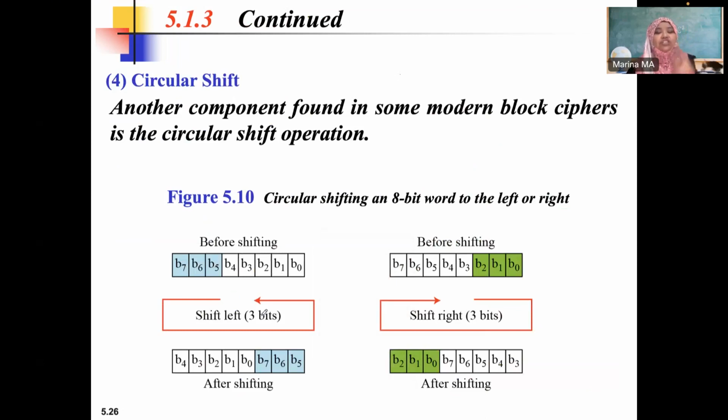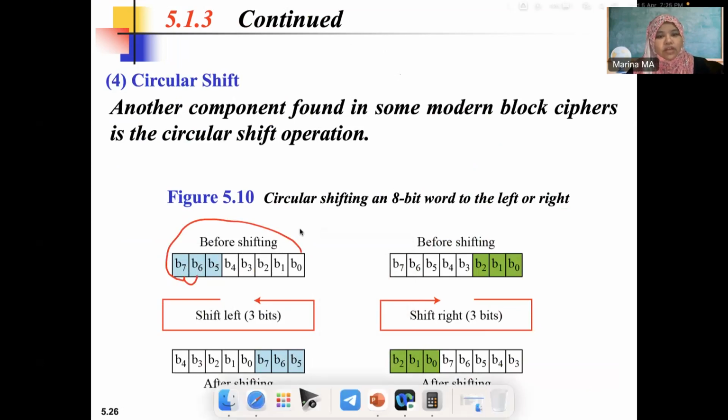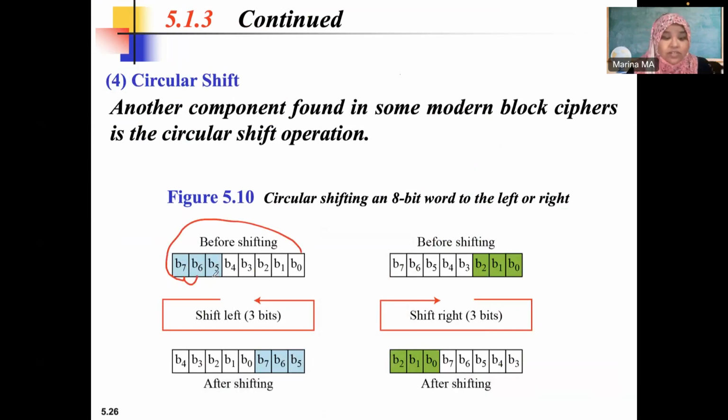If it says shift left 3 bits, you just shift it 3 bits. Hold on, shift left. That one is going left, isn't it? Okay, sorry, this is not left because this is going right.